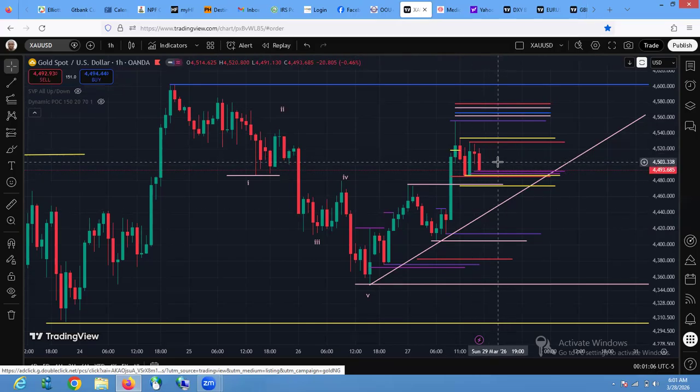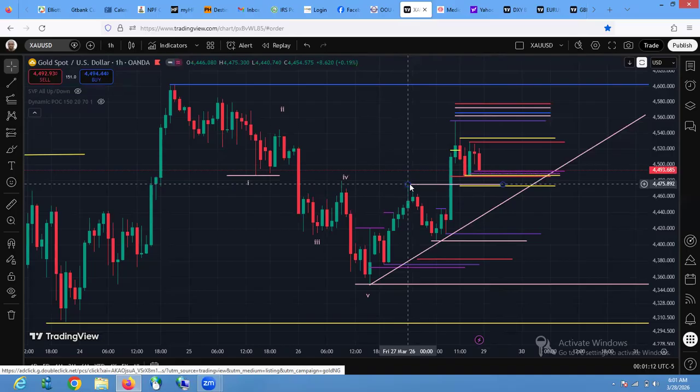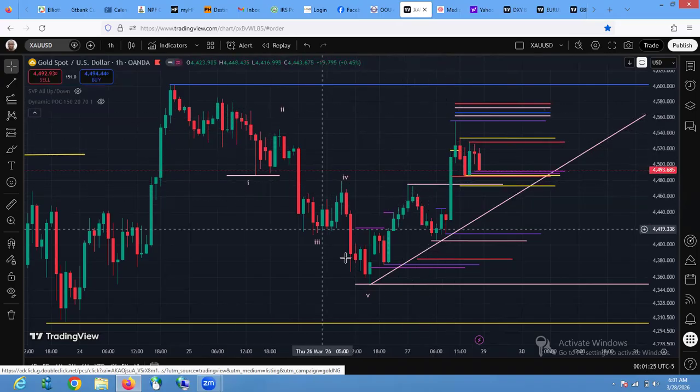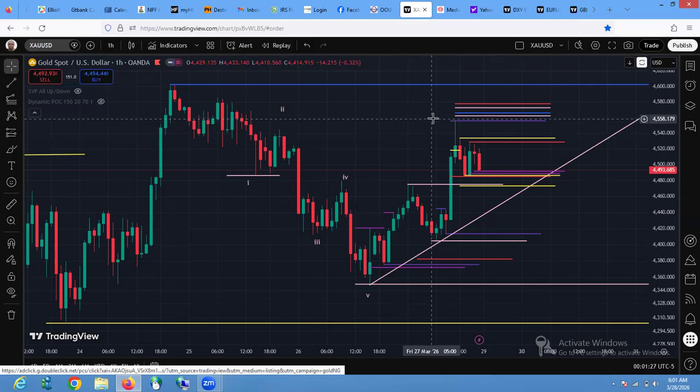So we have to wait and see more structure. So that is the change of structure that it gave us here. Once we first had an entry here, of course, you can think it's 1, 2, then 3, for a drop, but it changed here to become a deeper pullback of 1, 2. So far, that's the thesis.